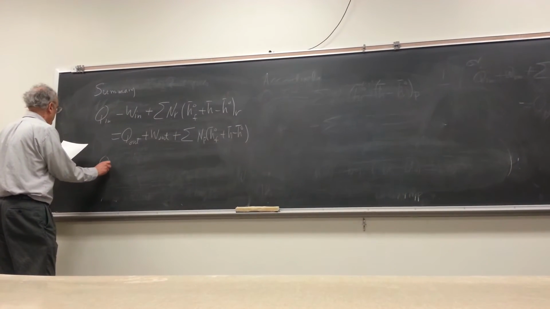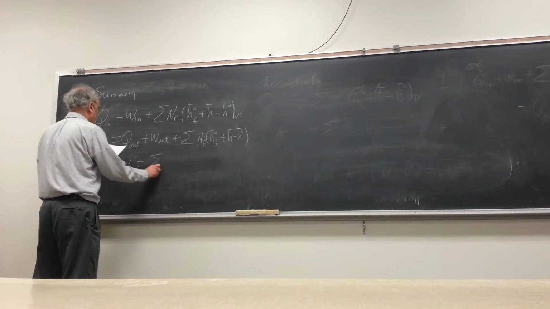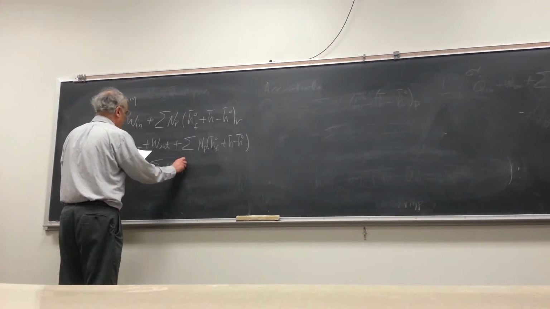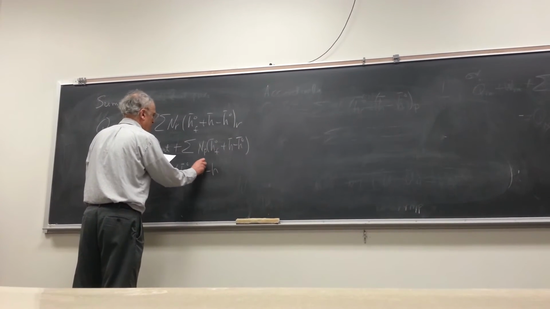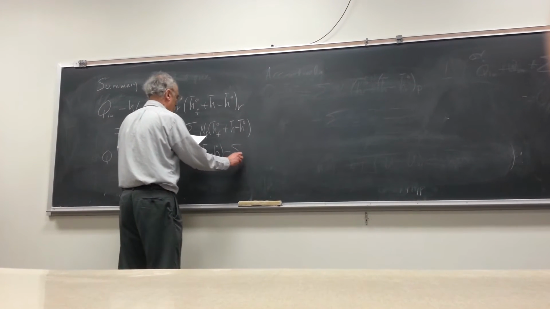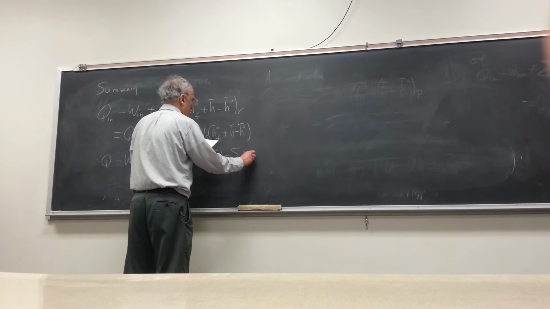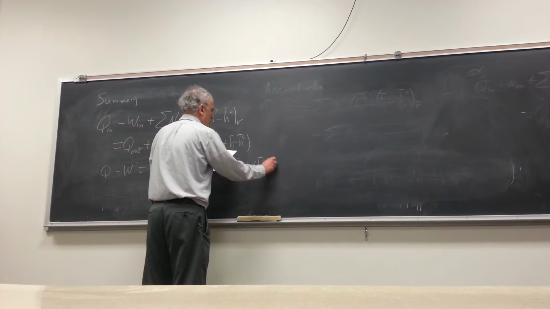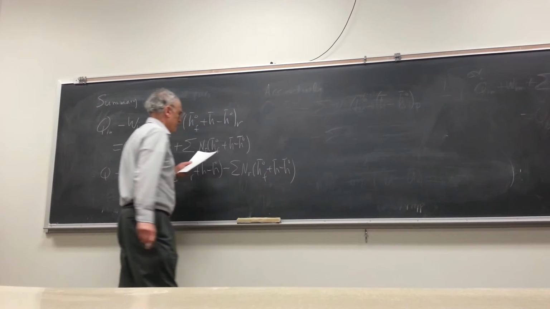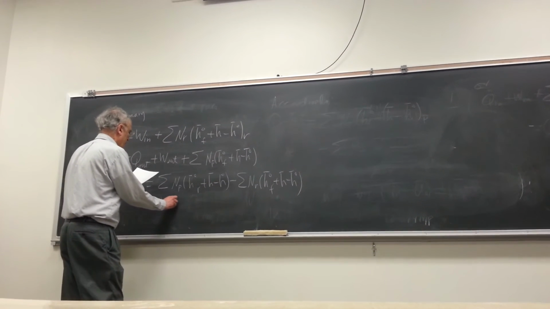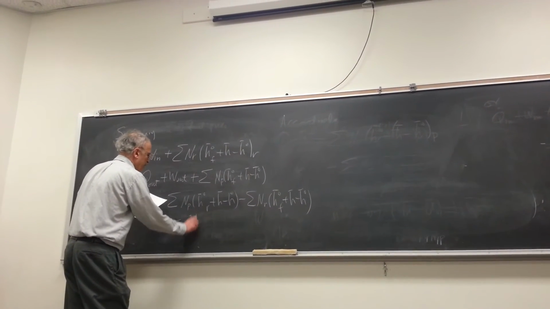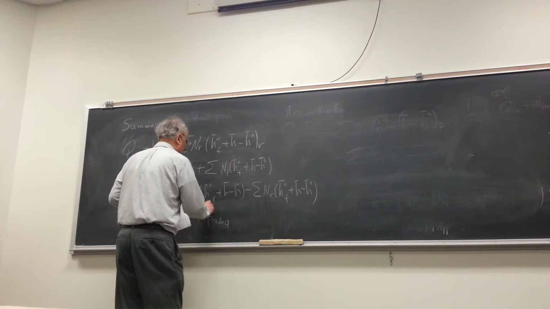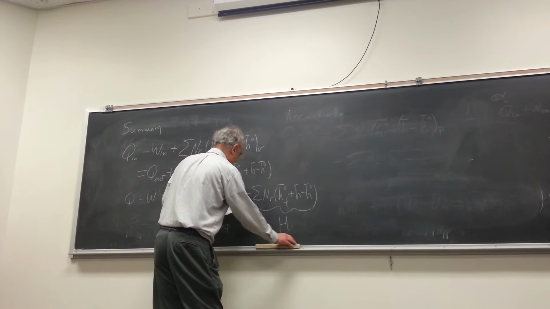And we had Q minus W equal to some... put them on the same side, and H, which is H of a product, and this is H of a reactant.